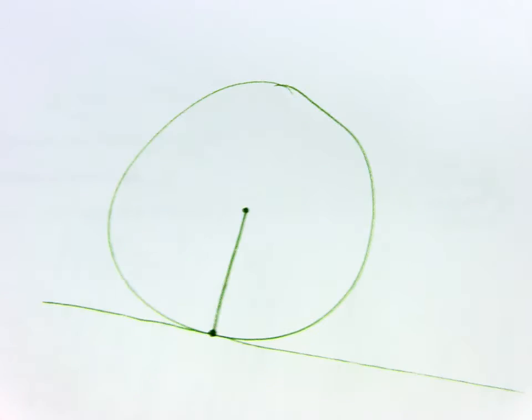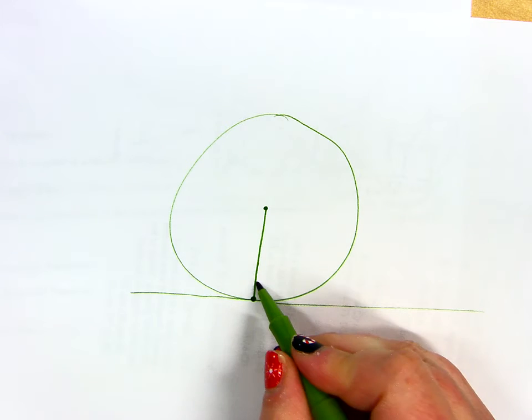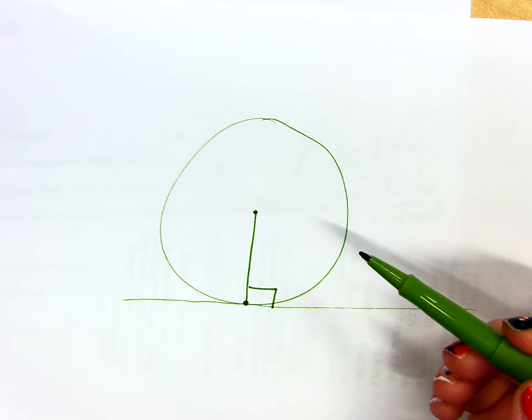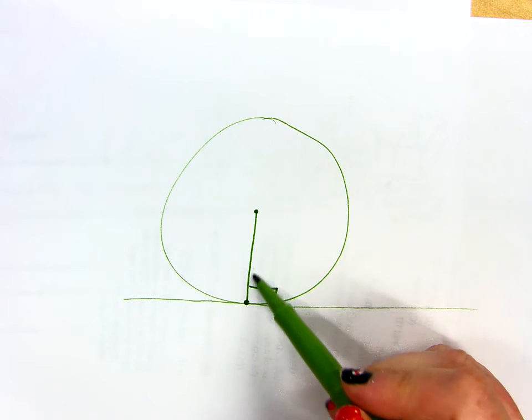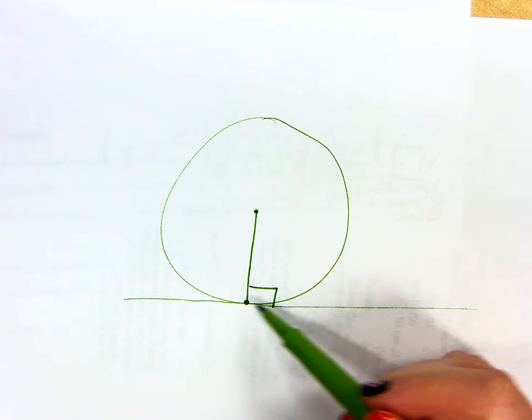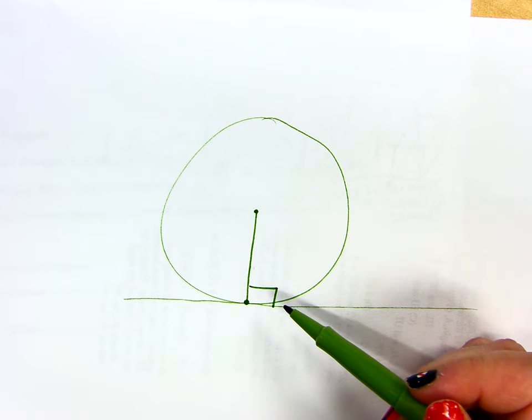If I'm given this diagram and I know that's a right angle, even if they didn't tell me that this line is tangent, now I know it has to be, because only tangent lines would have a radius perpendicular to them. You get what I'm saying? If that was a secant line, it wouldn't necessarily be perpendicular. Follow me or no?